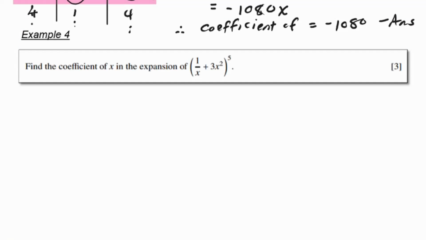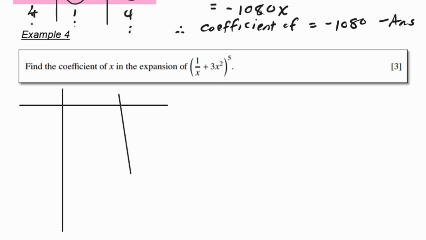And it says, find the coefficient of x in the expansion of 1 over x plus 3x squared raised to the power of 5. All right, so I'll have that small little table, and we will have it like this. And we have here r, then r starts from 0, then 1, 2, 3, 4, and so on.